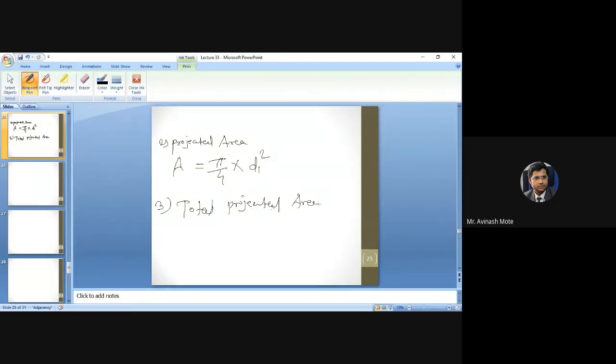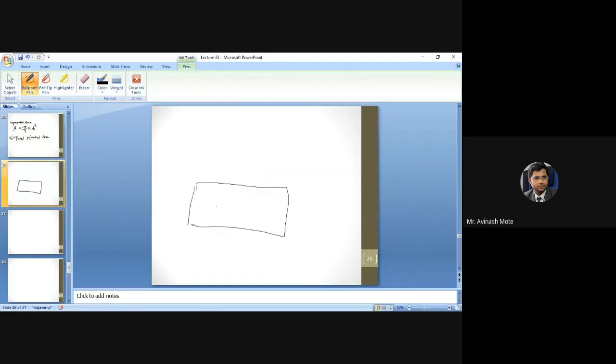Now, one more thing while calculating this projected area. This is a simple component we are considering. Suppose we are going to manufacture 4 products at a time through injection molding. Now in this mold design, what is this line I am showing?